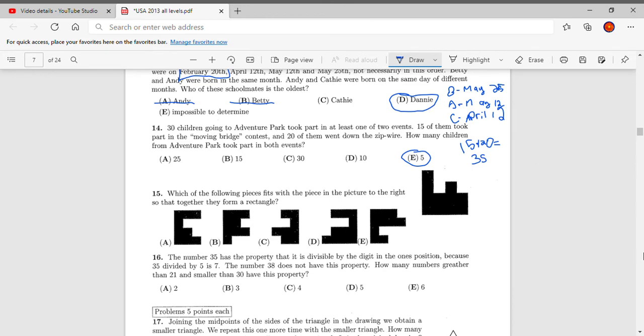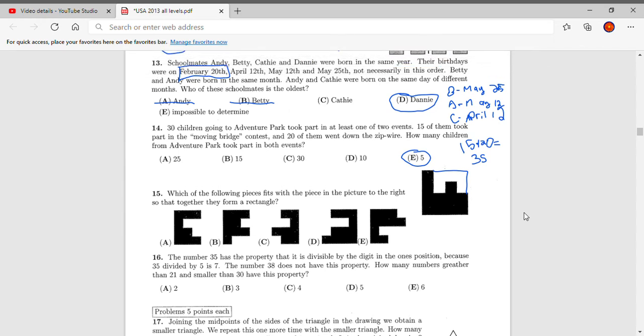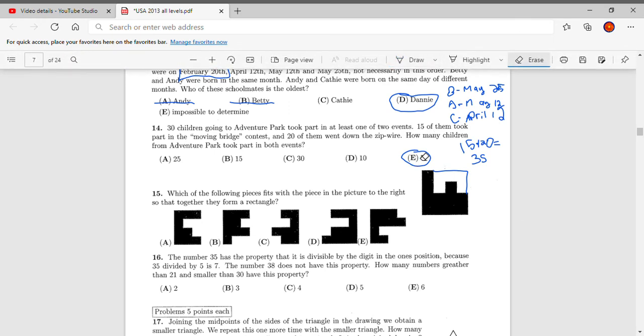We want to form it so that this edge matches with this and they both meet over here. Now you might think this is the answer, but it is not, because it asks for a rectangle, and in this case this is actually a square. So we're going to add one more row over here so that it forms a rectangle.